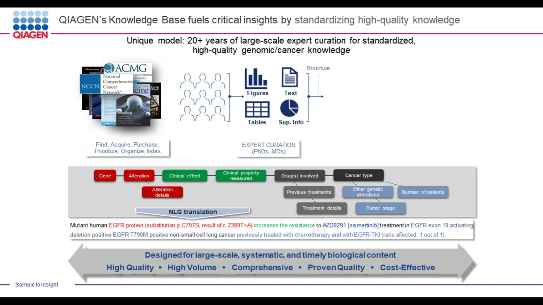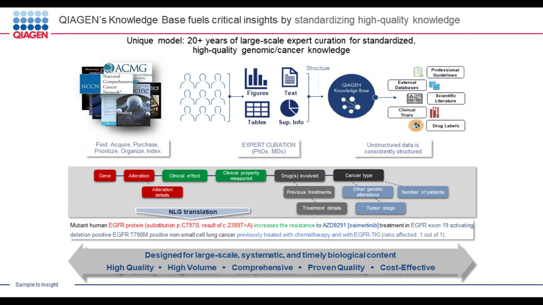So this is the gene information. This part, substitution, P dot, resulting in a C dot, is the alteration detail, increases the resistance, and this is that clinical effect and the clinical property measured. And then if there's drug information, AZD9291, treatment in EGFR, exon 19 activated. So this entire sentence is auto-generated because we took the time to extract this information from a scientific article into a knowledge base.